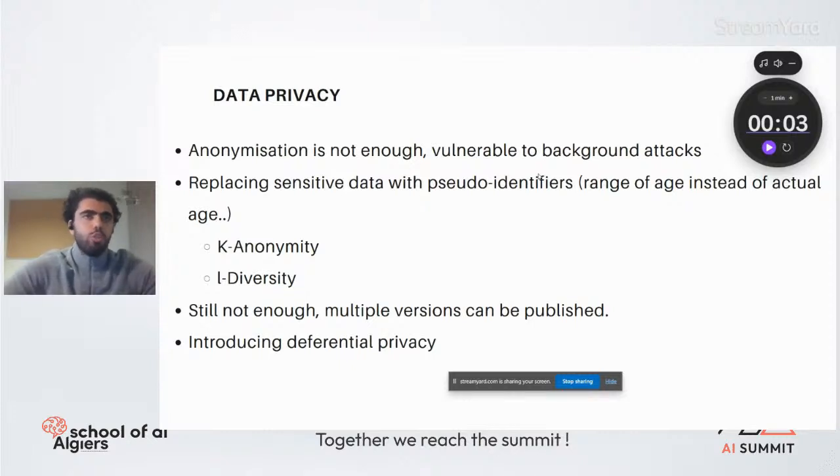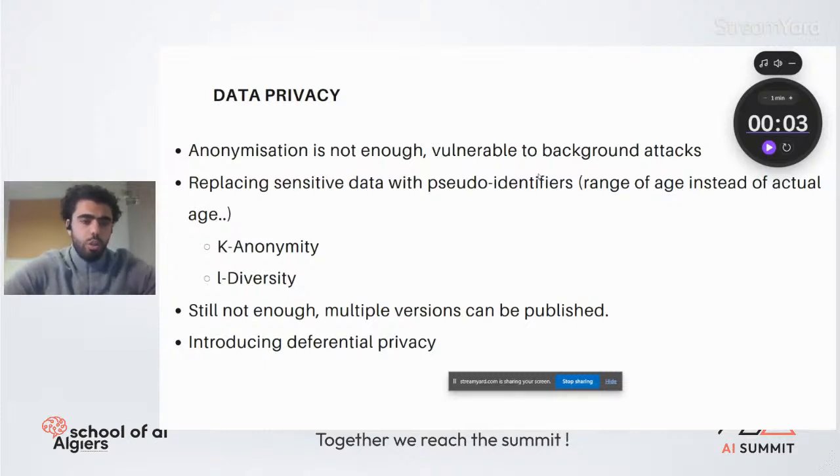So even if we make sure that a certain group has 100 or maybe 50 individuals in it, maybe the target data is not diverse enough inside this group. So even if we don't know the exact identifiers of the user, only from the pseudo identifiers we can guess the target data, like the symptoms that this user has in the case of healthcare data.